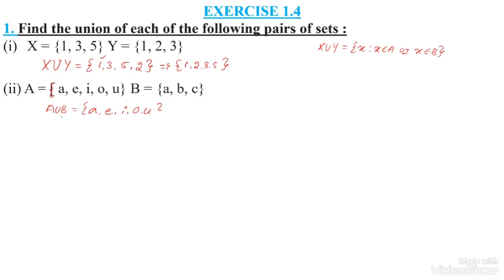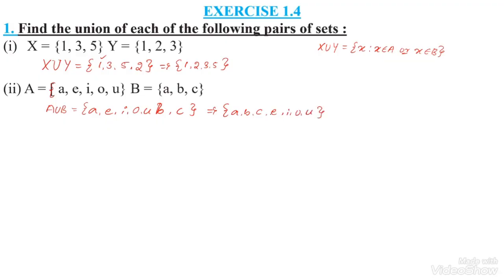Again, the elements present in set B: a, which I have written already, and the element b, then another element c. The elements present in A union B, I have written in order, that is a, b, c, e, i, o, u.